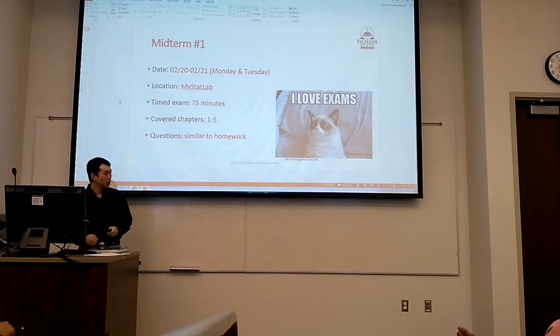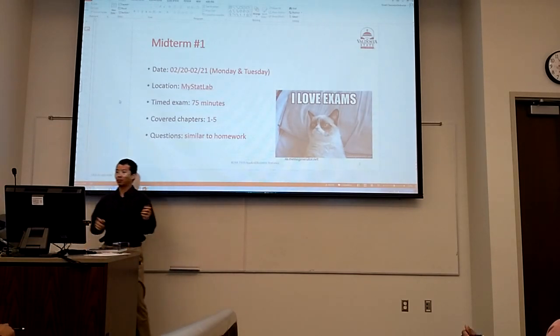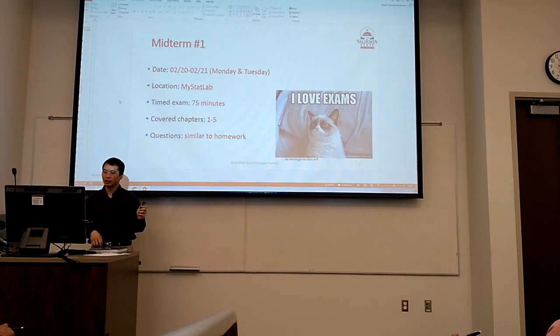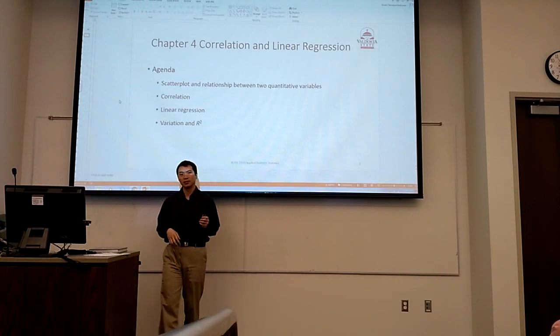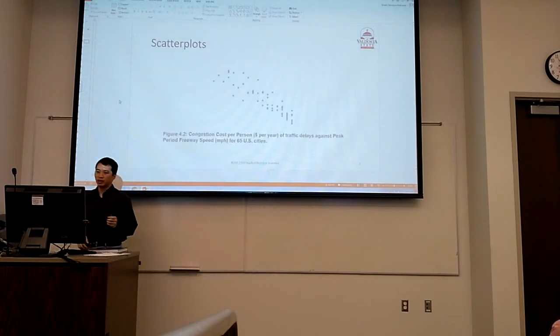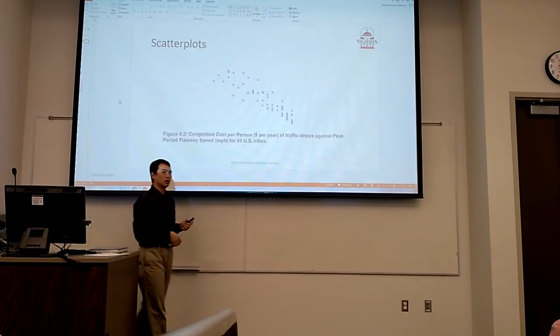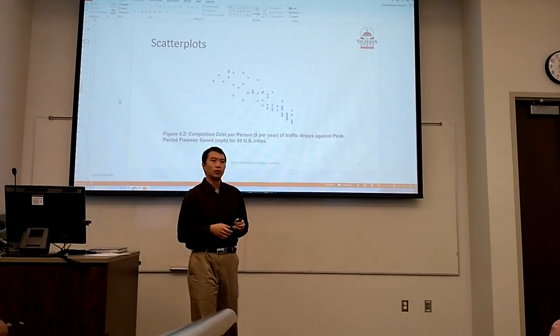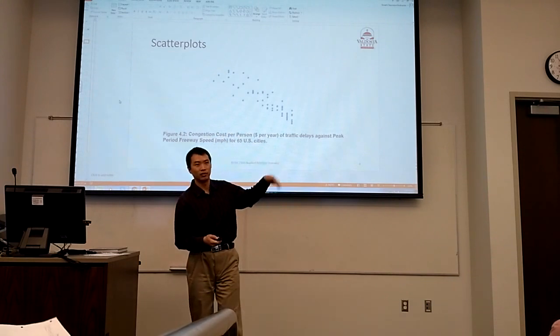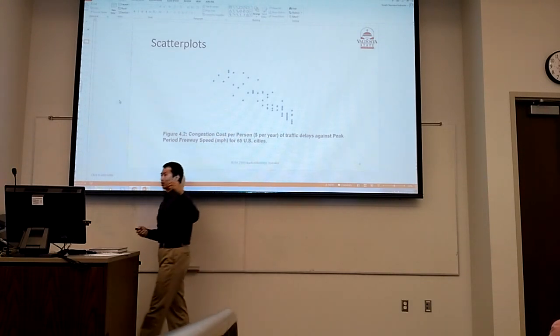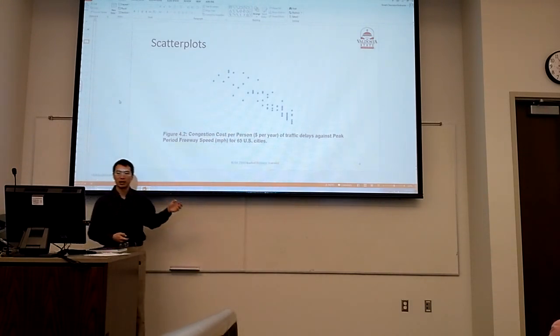If no further questions, let's briefly review what we learned last time. Okay. So we started with the correlation, and one is the scatter plot. Okay. So we described the relationship between two quantitative variables in a scatter plot. We got a bunch of data, and we displayed the data in a scatter plot.